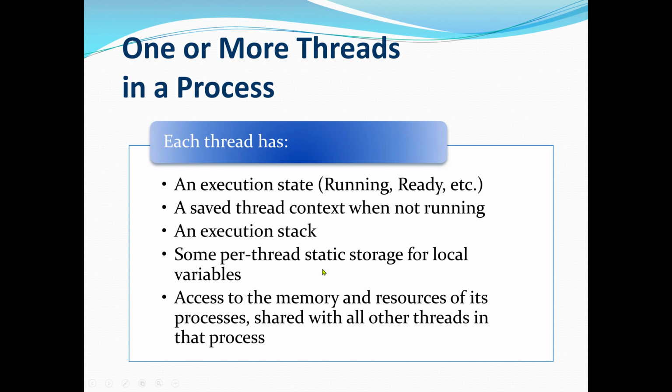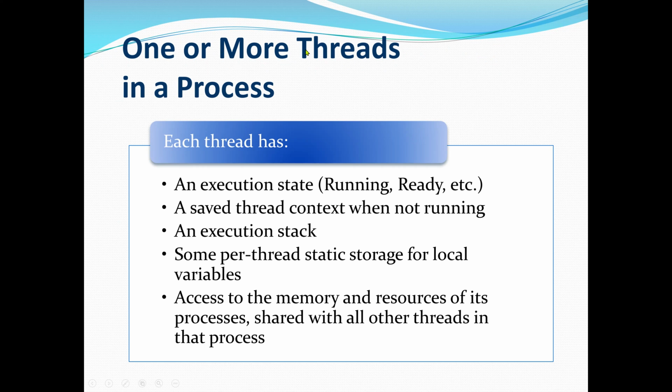Also, we may have an execution stack and some per-thread static storage for local variables. Also, access to the memory and resources of its process, shared with all other threads in that process.